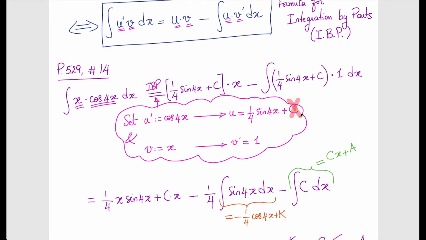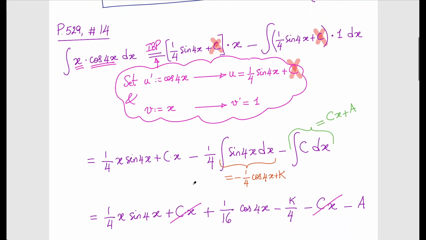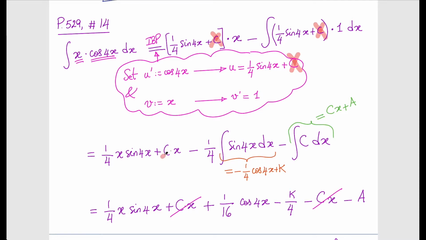If we take c to be 0, this is gone, right? This is gone, and that's gone. And what we get, we don't get this term. We don't get this term because we're taking c to be 0, right?